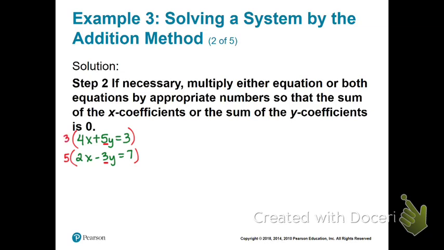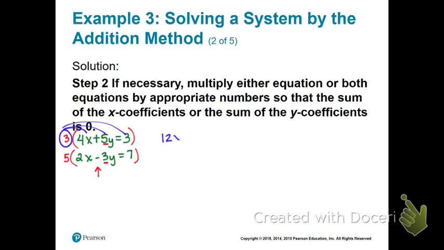Now look in your original equations right here. Is one of those positive and one of them negative for the y's? Yes. If not, if they were the same sign, I would just have to make one of my numbers on the outside negative. It wouldn't matter which one. So now we're going to take this number on the outside and we're going to distribute it all the way through its parenthesis.